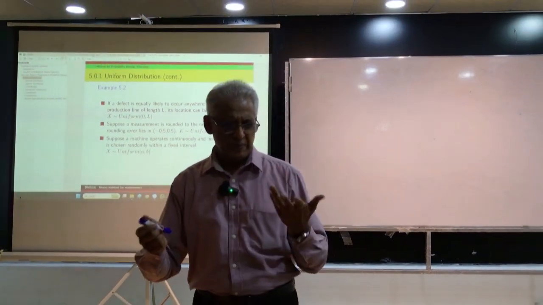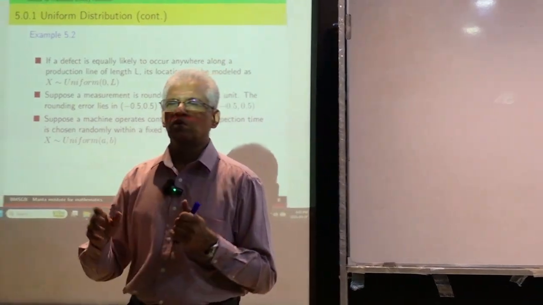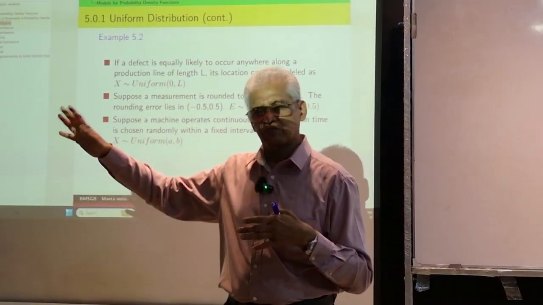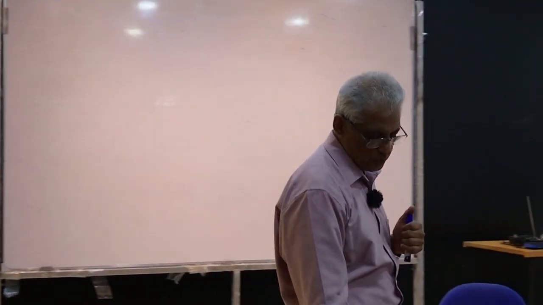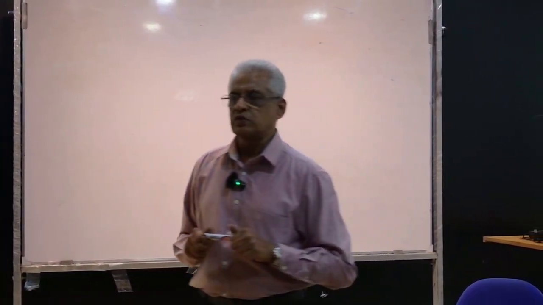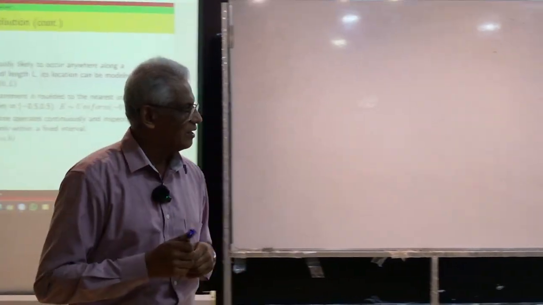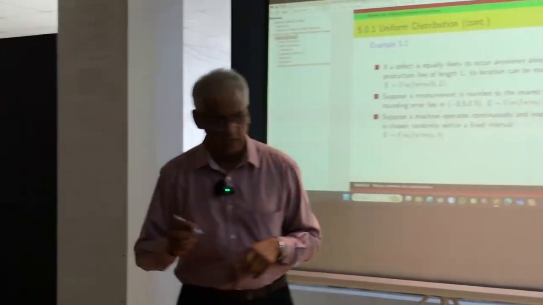Practically there are not so many situations, but there are situations like that where you can use the uniform distribution. Theoretically also uniform distribution is suitable, because we will probably talk about this later.